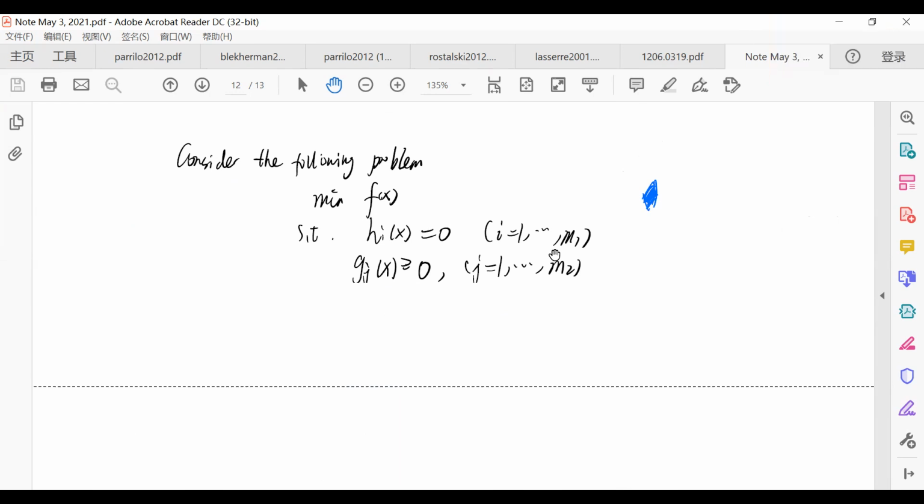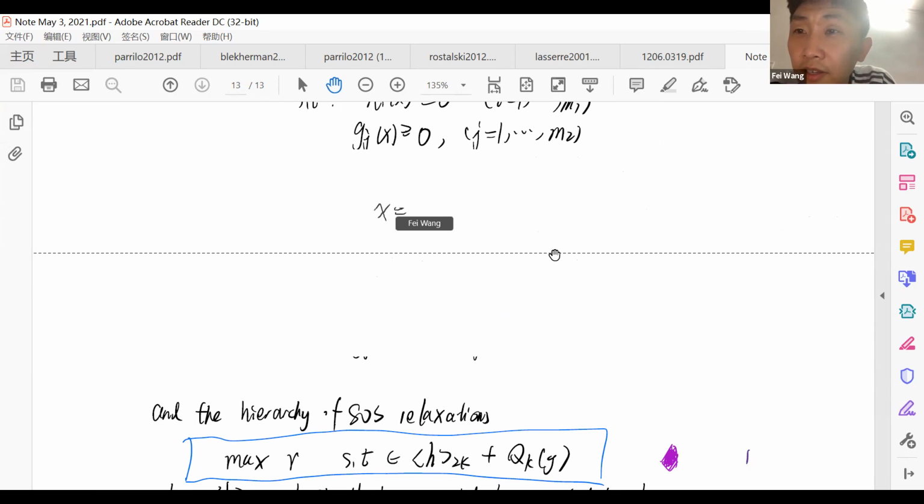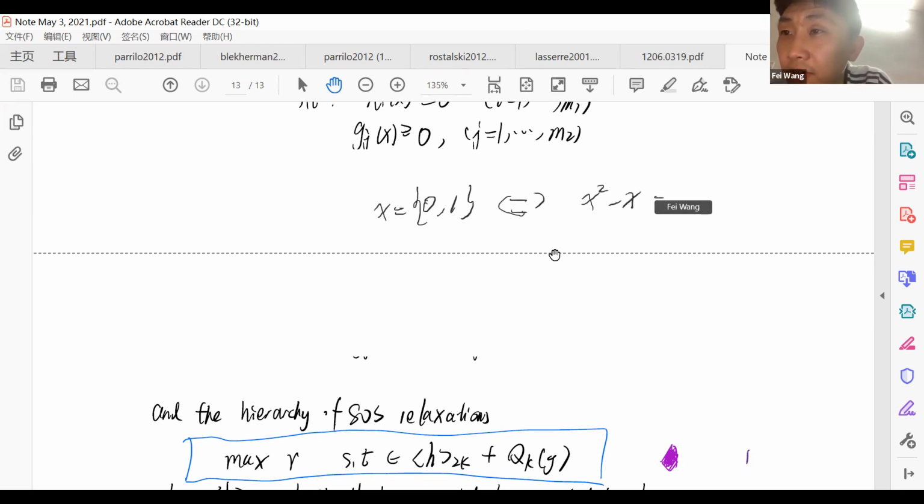If x is 0 or 1, this can be replaced by x squared minus x equals 0.